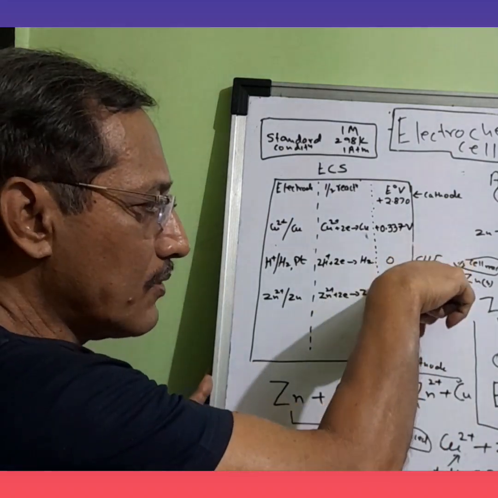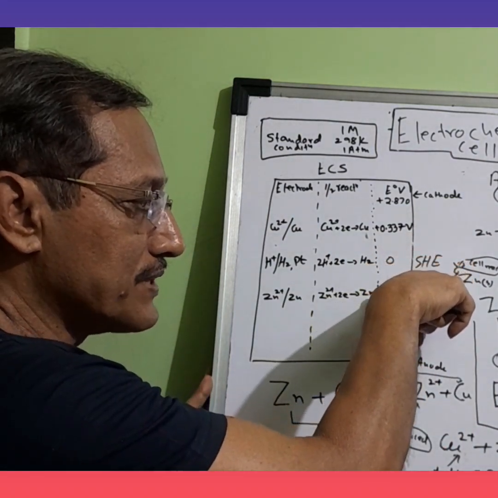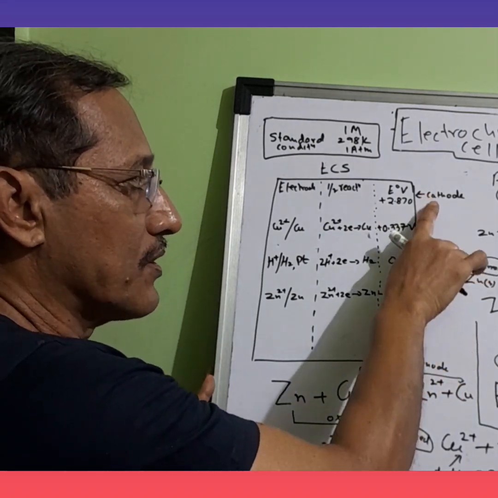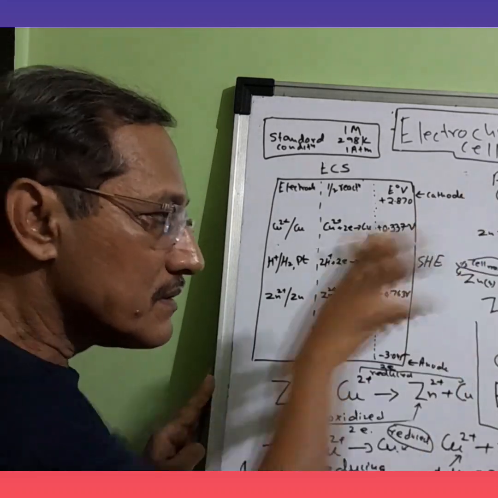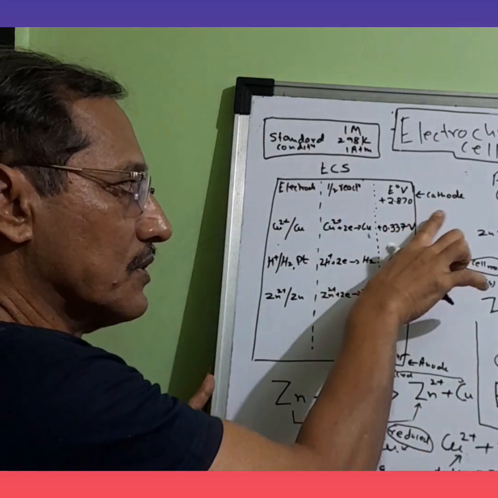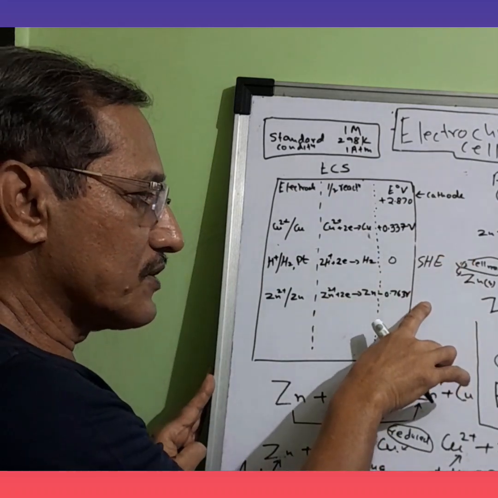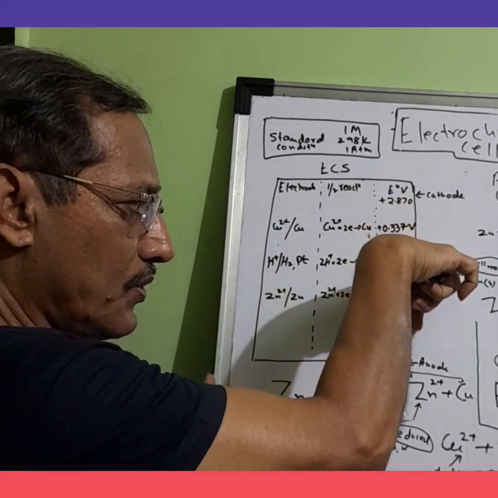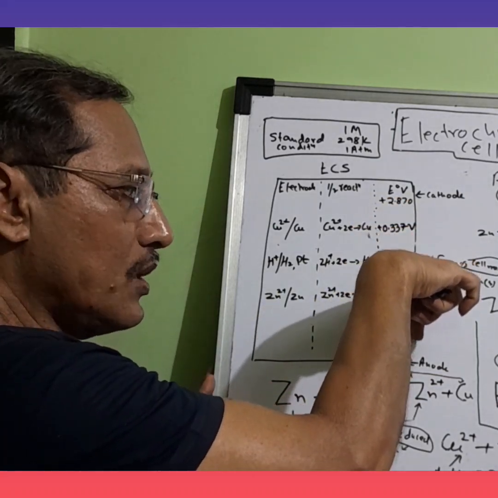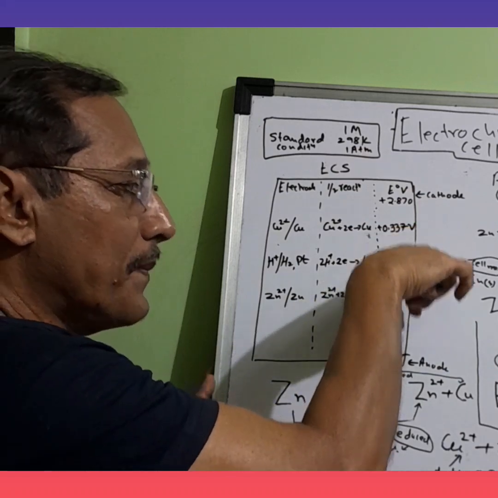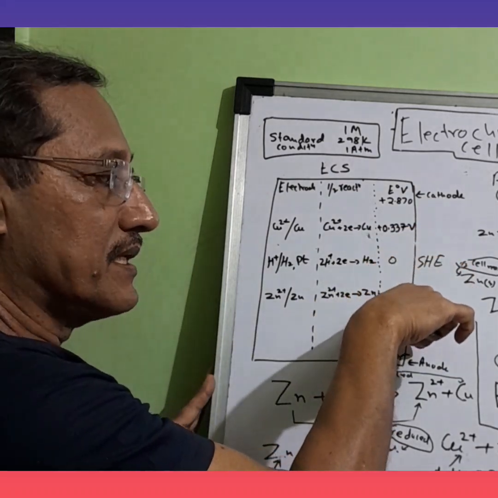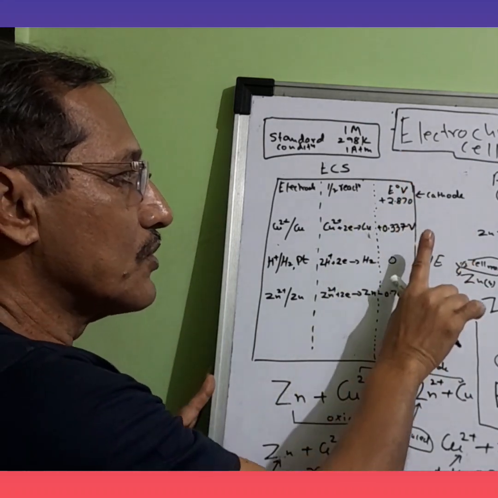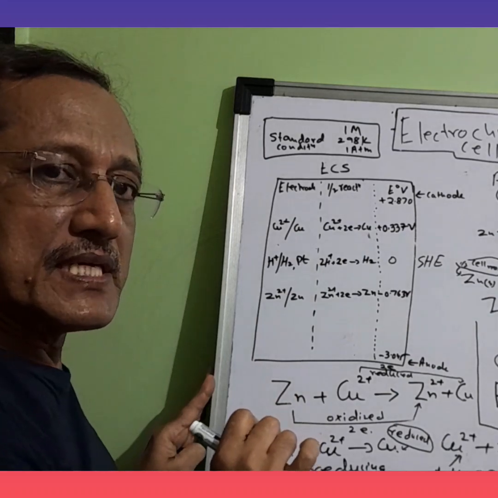So the more you go down, it becomes the better and better reducing agent, whereas the more you go up, it becomes better and better oxidizing agent, because keep in mind, copper stripped electron from zinc, so oxidizing agent, whereas zinc gave 2 electron to copper, so reducing agent. So the more you go lower and lower in ECS table, the better and better reducing agent it gets, whereas it gets better oxidizing agent as we go up the ECS.